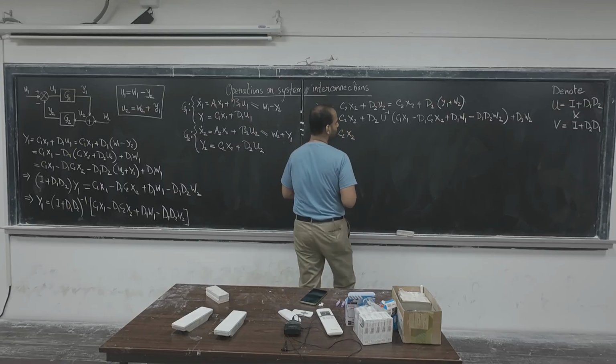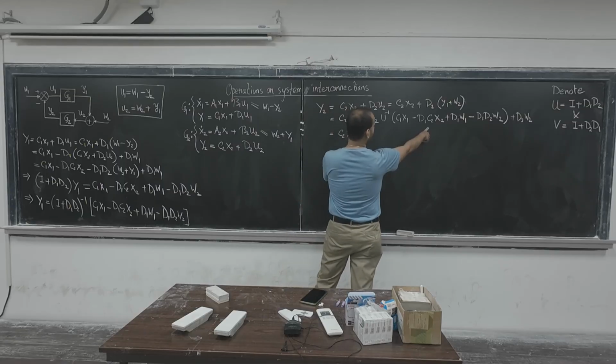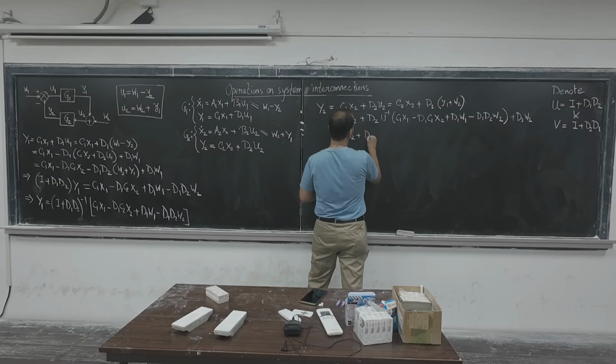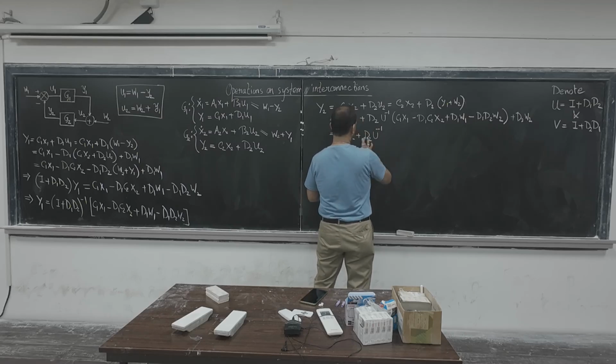C2 x2. Here you have another x2 term that is going to come, so that would be D2 U inverse. It will be minus, right?